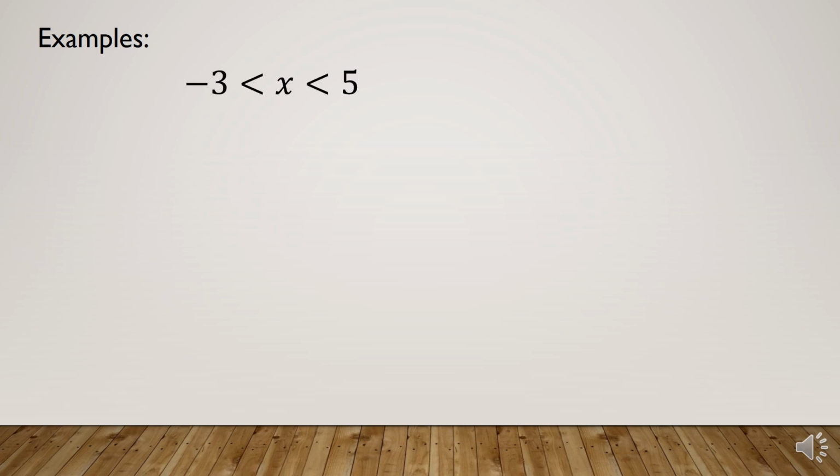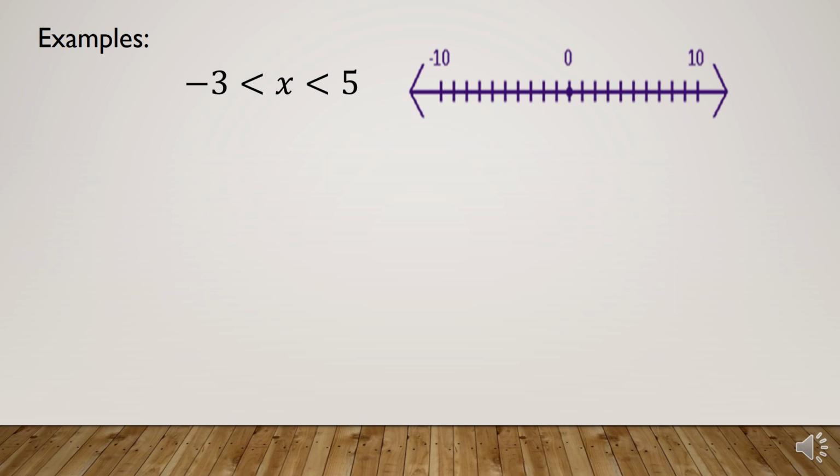Examples. In the given interval -3 is less than x but x is less than 5, it means that -3 and 5 are not included in the values of x. In plotting this on a real number line, let us start with -3. You have observed that we use the inequality less than, so we will use an open circle.